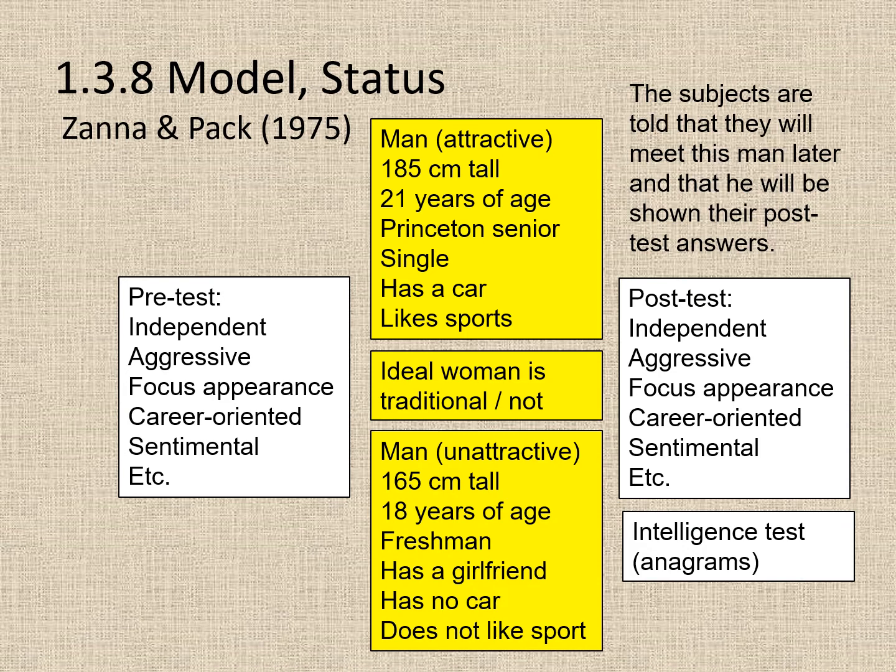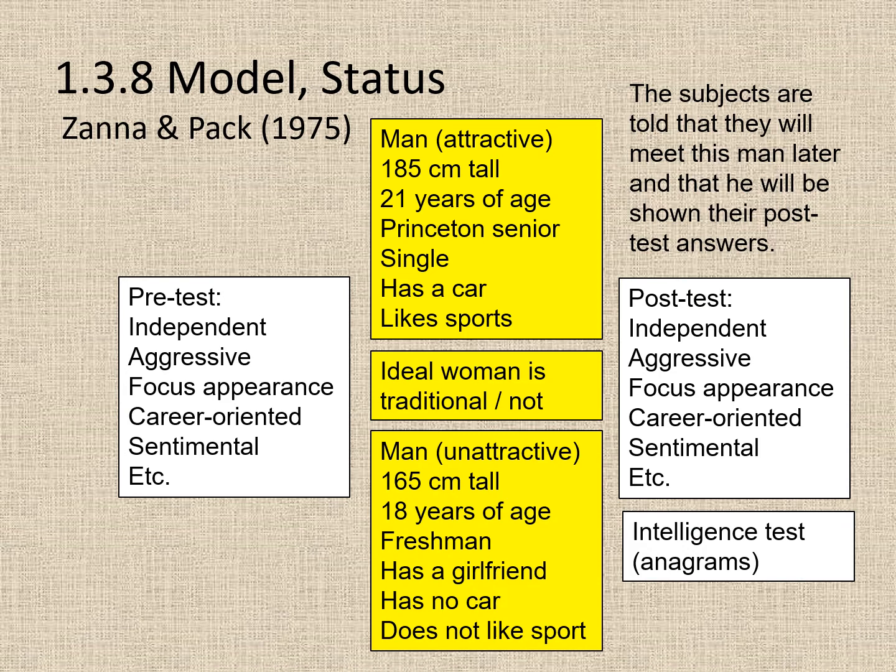That's at least what I associate with it. Or this man, either attractive or unattractive, thinks that women should not be traditional. They should make a career and so on.